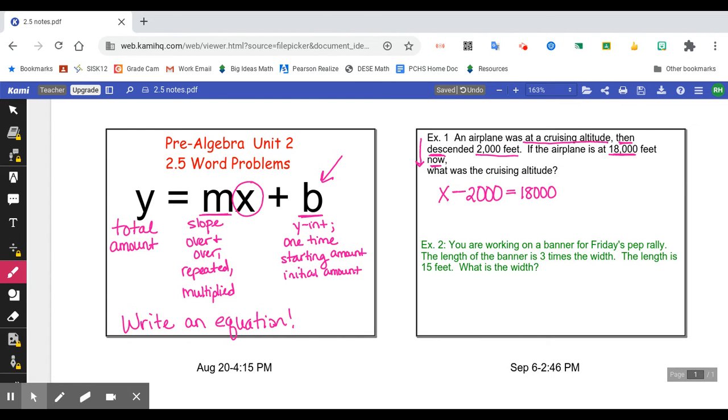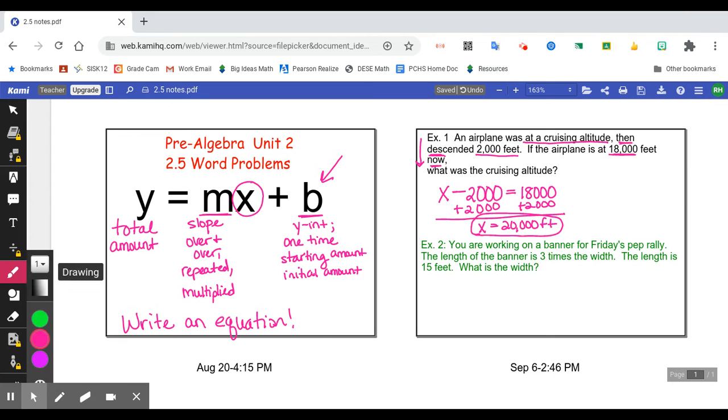Now we just solve. So this is a one step, super easy. It's subtraction, so I'm going to do addition. So I'm going to add 18,000 to 2,000, and x equals 20,000. And we're going to put feet as a label because this is a word problem. Okay? All right, let's go to the next one.